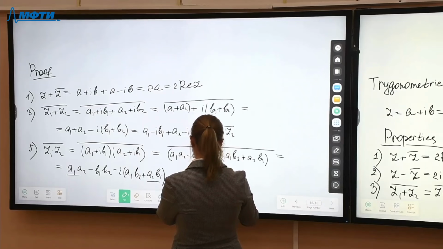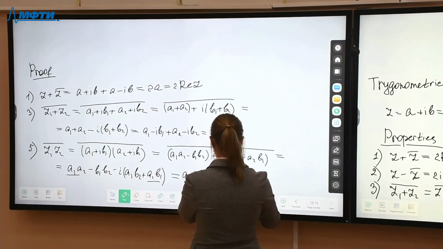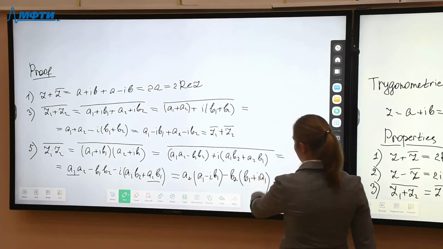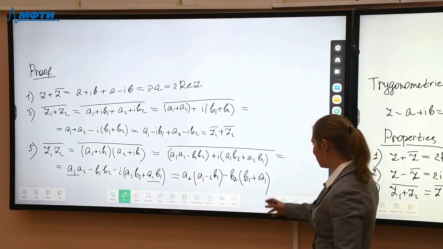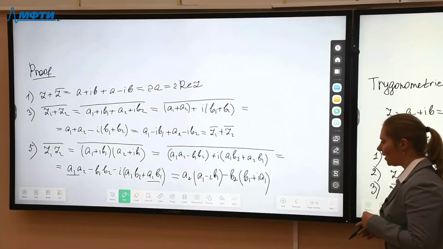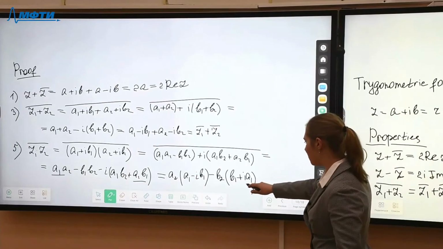It will be minus b2. Here we have b1 plus ia1. And now I can take i outside. So I can say that b1 is 1 times b1, and 1 is minus i squared. So here we have minus i squared, here we have i.